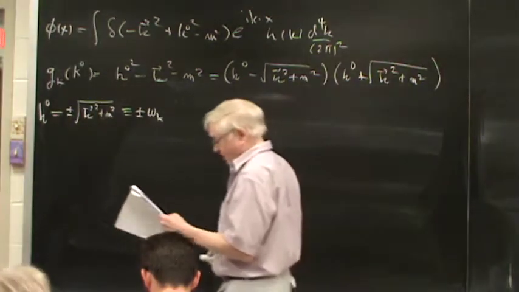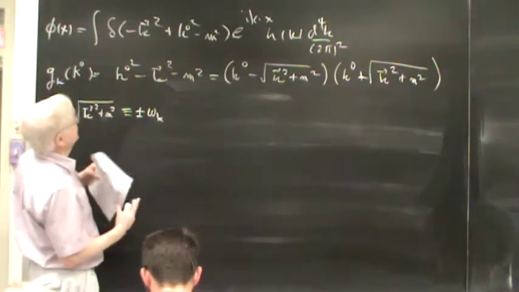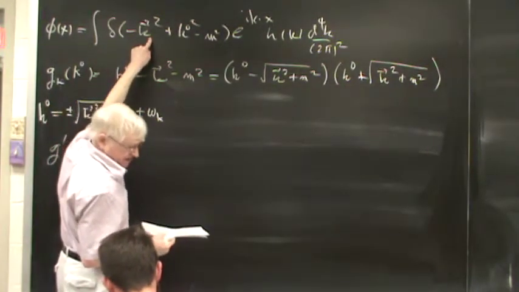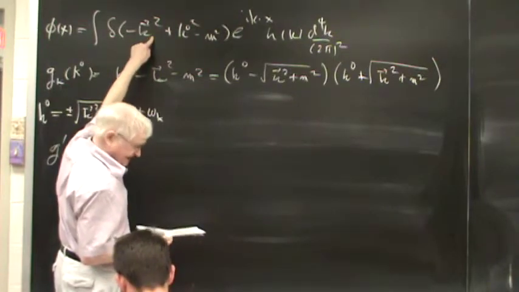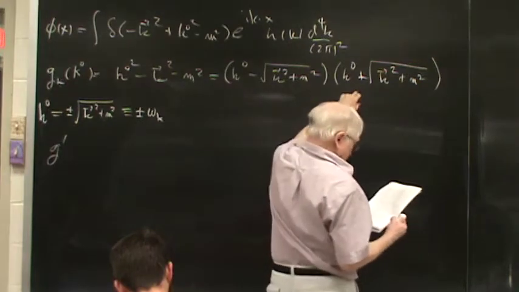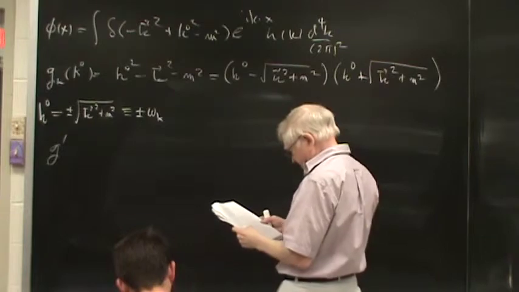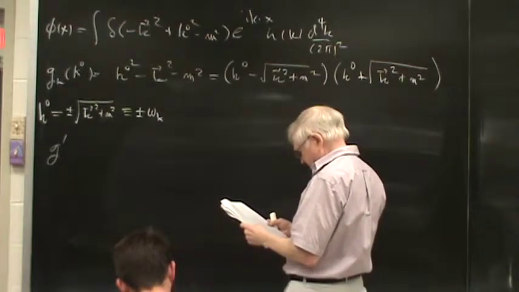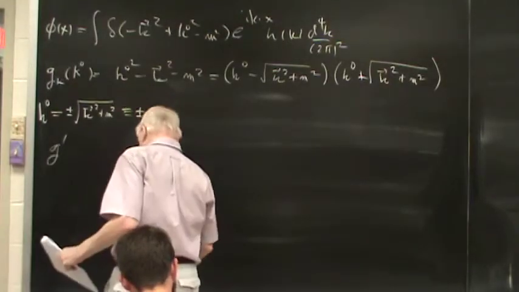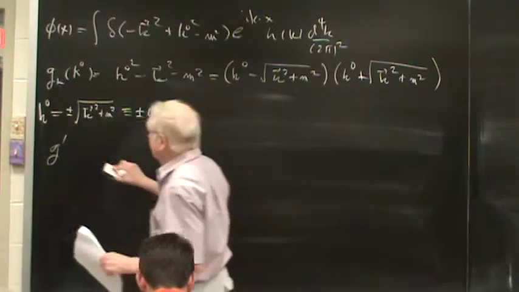And of course, g prime, the derivative of g of k, is going to be the delta function at these two roots. Maybe I should write that explicitly. Let me just rewrite this then.